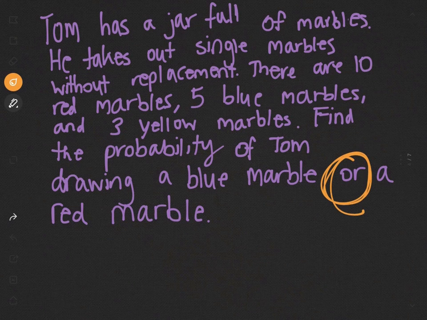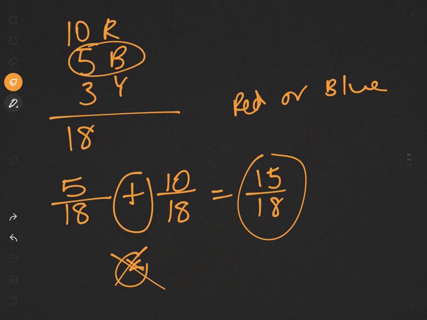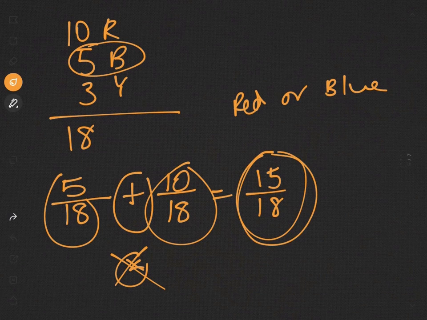If I come to your house and I say that I'm fine with apple juice or orange juice or grape juice, then that gives you multiple options for what you can serve me. So because of this "or," both the probability of a blue marble or a red marble are valid in this situation, which is why we add both of these probabilities to get a combined probability of 15 over 18.